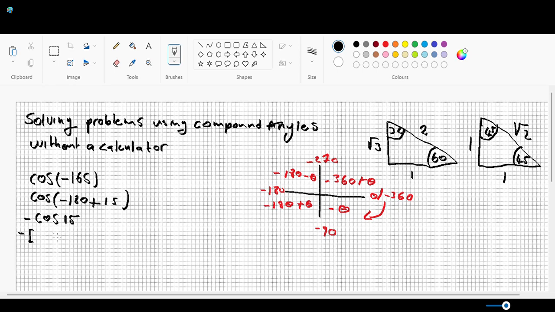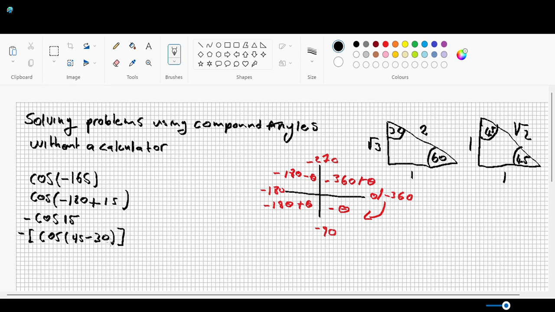So you can expand this using the compound angle. So how can we use special angles so that we get 15? We can say 45 minus 30. Now 45 minus 30 gives us 15, by the way.